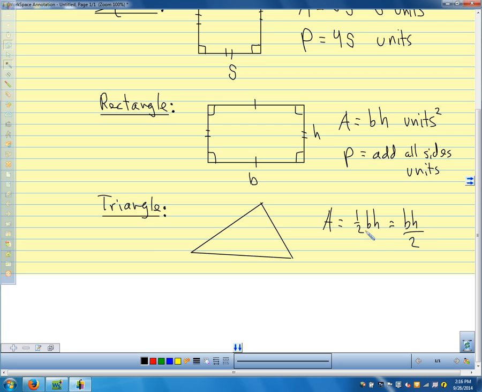Dividing by 2 and multiplying by 1/2 are the same thing. Units squared. So let me draw in our base and our height. The way we find our height has to go from one vertex and make a 90-degree angle to the other side. And our perimeter, add all sides. And it's going to be in length units, inches, miles, light years.